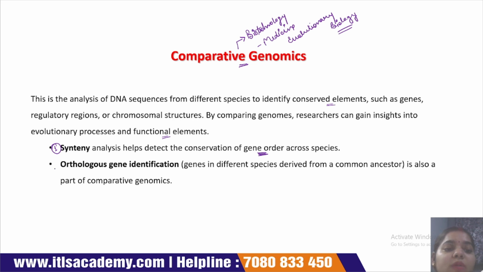Next is orthologous gene identification. Orthologous gene identification also plays a most important role in comparative genomics. What is an orthologous gene? Orthologous genes in different species are derived from a common ancestor. Orthologous gene identification plays a most important role in constructing the phylogenetic tree.